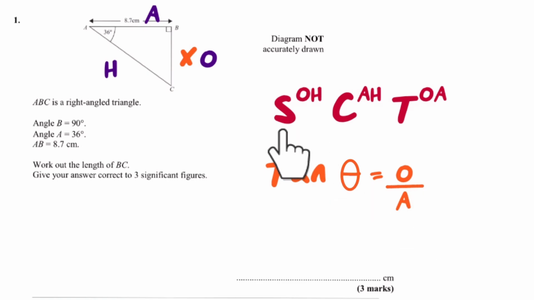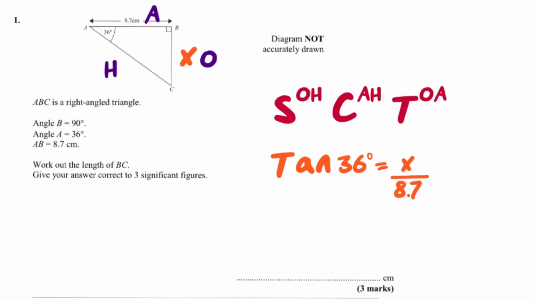So this is what all the formulas look like. So it'll be sin angle O over H, cos angle A over H, and tan angle O over A. So let's substitute our numbers that we have. So our angle is going to be 36, and our X is our O, and A is 8.7. So we just substitute all our numbers in.